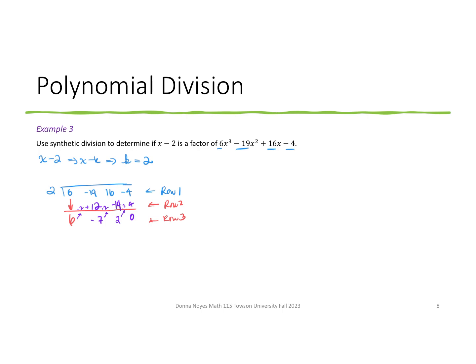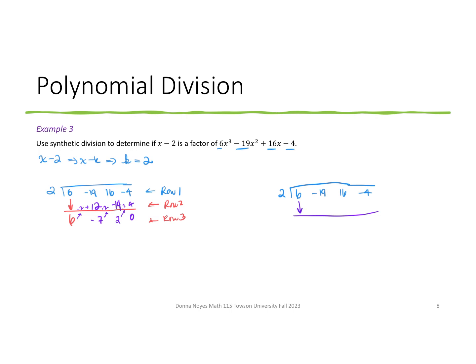I'm going to do it one more time. Okay, so we have k equals 2 because it is x minus 2. So 2 is going into 6x cubed, negative 19x squared, positive 16x, and minus 4 as our constant. From here, we draw our line down here. This is all row 1.